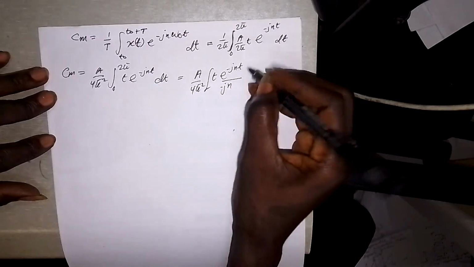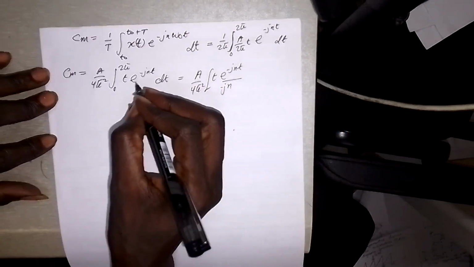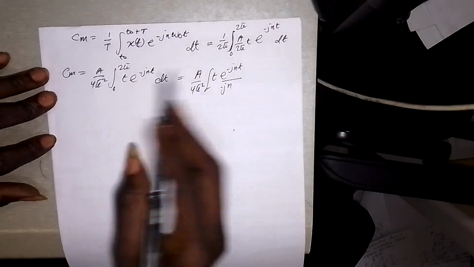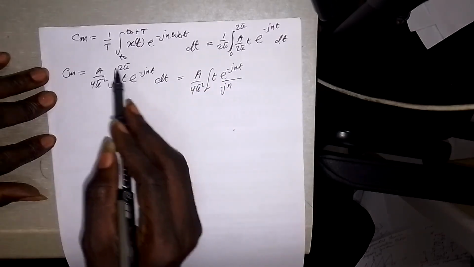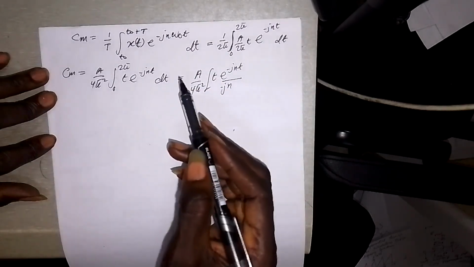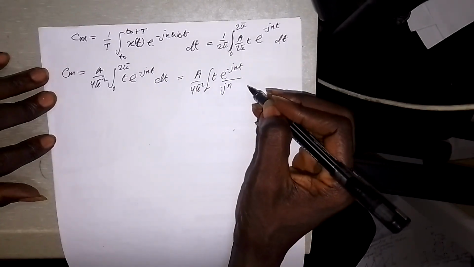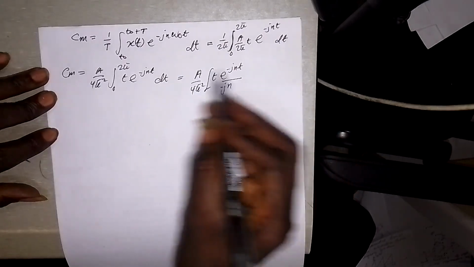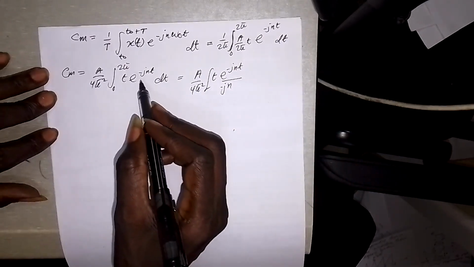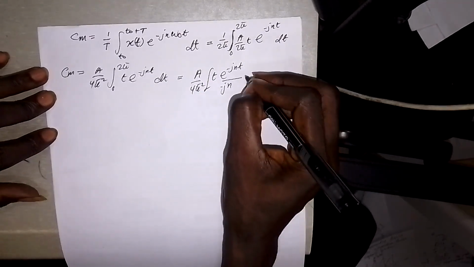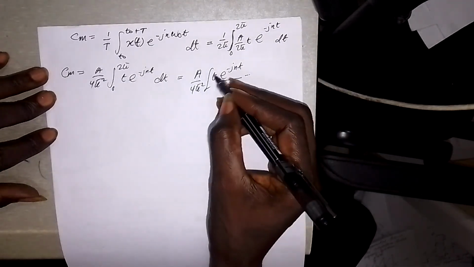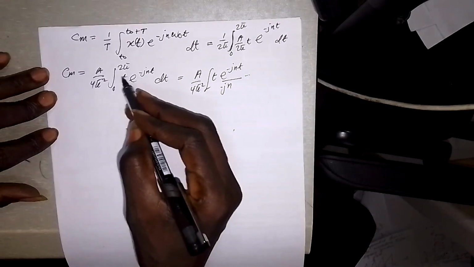So I'm going to get minus. Let me write a minus. If you integrate t, you get 1.